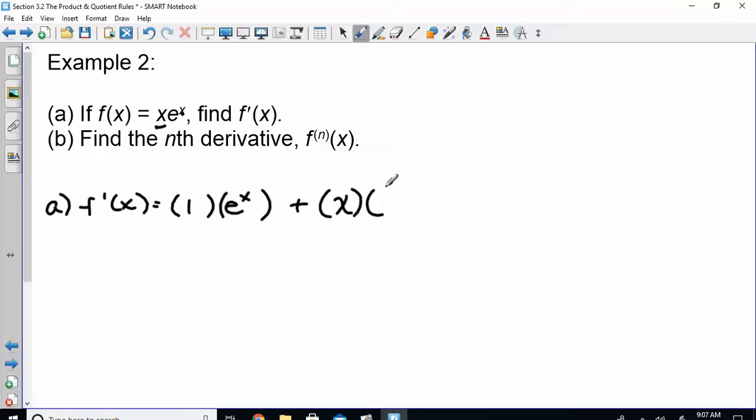What is the derivative of e to the x? Remember from last week, e to a power didn't change. So this turns into e to the x plus x e to the x.